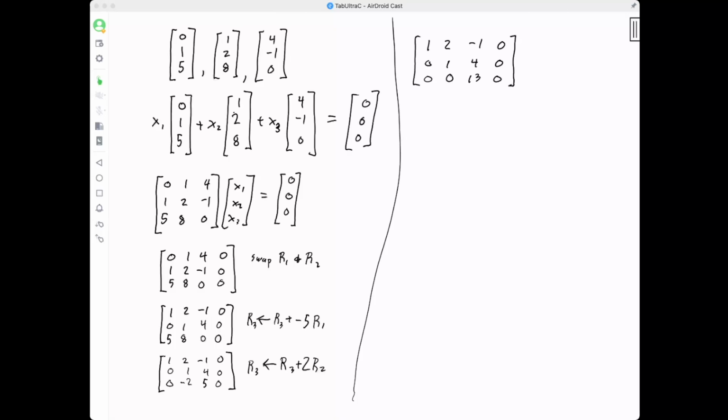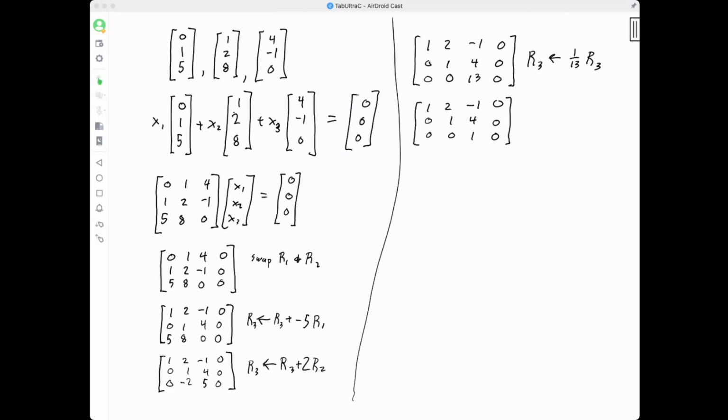Now I want the leading entry in row 3 to be a 1, so I scale row 3 by 1/13, which gives me 1, 2, -1, 0, 0, 1, 4, 0, 0, 0, 1, 0.